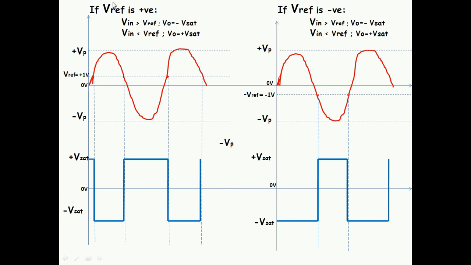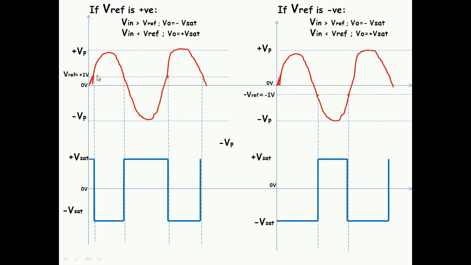So I repeat, when V reference is positive and Vin is less than V reference, it is pointing to plus V saturation voltage, because we know that for an inverting operational amplifier, the output is the inversion of the input. That's why in the case of non-inverting it was referring to minus V sat, but here it refers to plus V sat, remember.